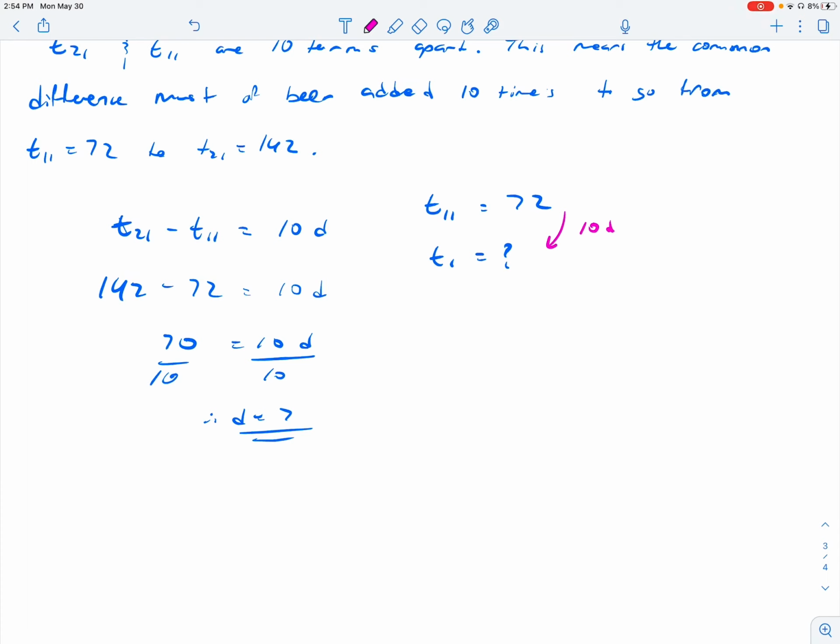Since D is 7, this has to go down 70. So T1 would need to be equal to just 2. Kind of backtracking. To go from the 11th term to the first term, we have to go backwards 10 times. 10 times we need to subtract the common difference.